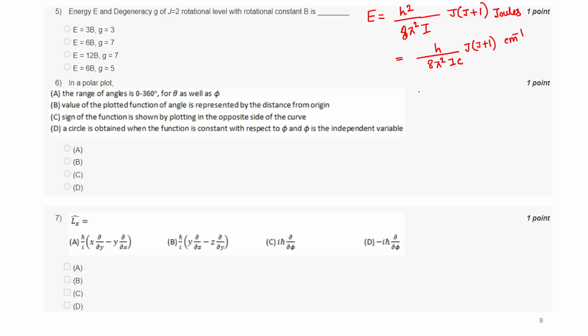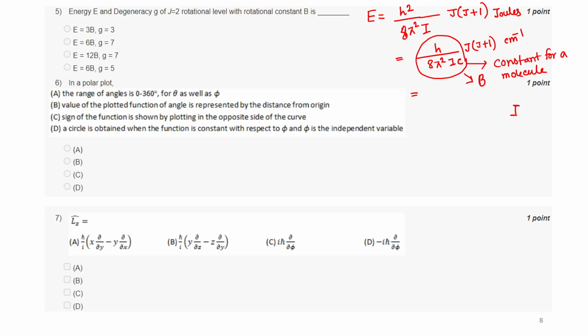Anyway, this is a constant for one molecule, because you understand that it is constant for a particular molecule. Not all molecules are going to have the same thing. So that is known as B. That is the rotational constant, a constant for an individual molecule.